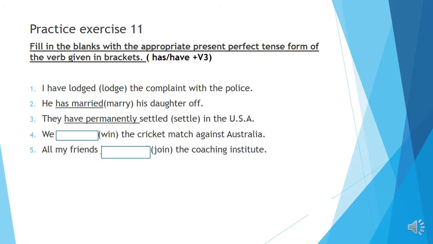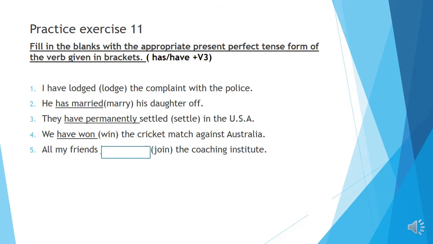Number 4. We dash win the cricket match against Australia. So the first word is we. So we have to use the plural form have. And win, its V3 is won. Win, won, won. Okay, so we have won the cricket match against Australia. Number 5.